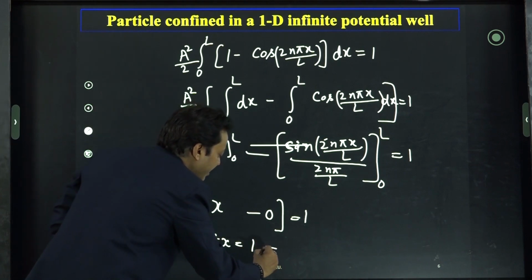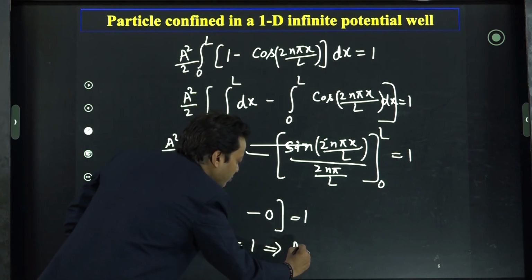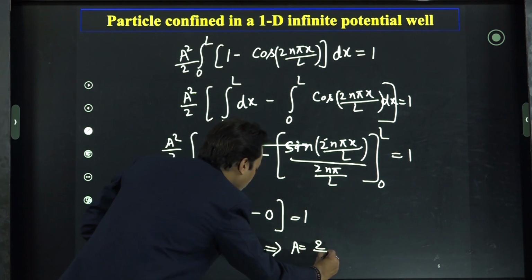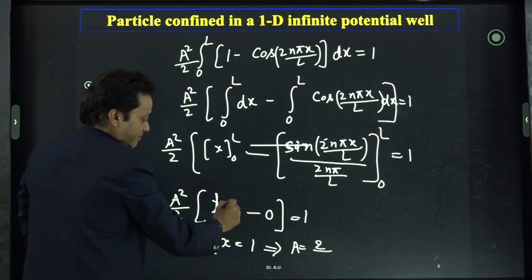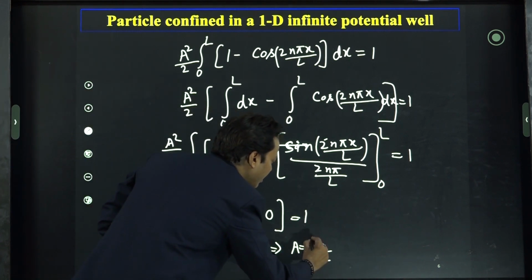So this implies that A square is equal to 2 over L, sorry, we have to write L not x, so A is 2 by L under root.